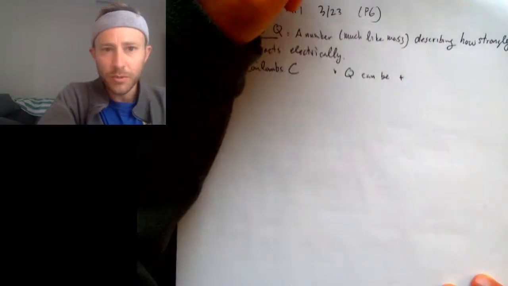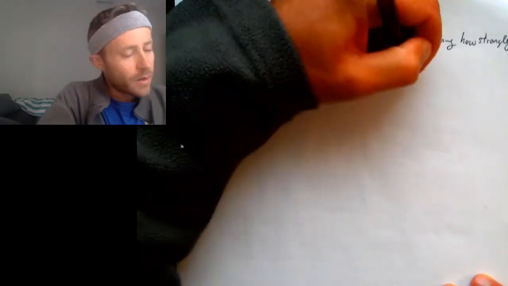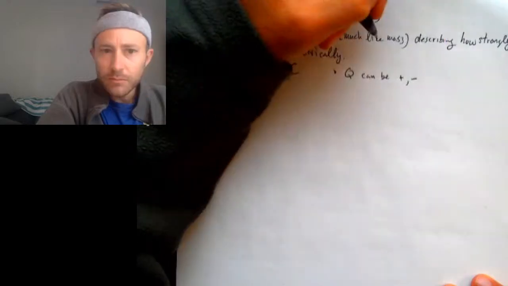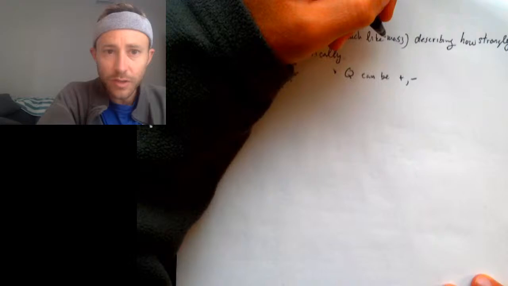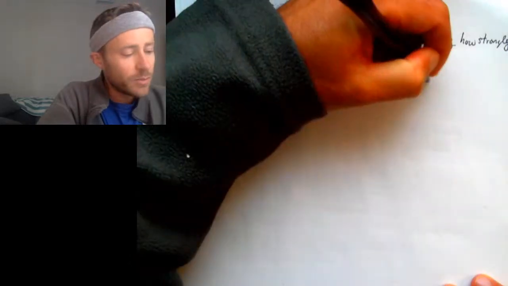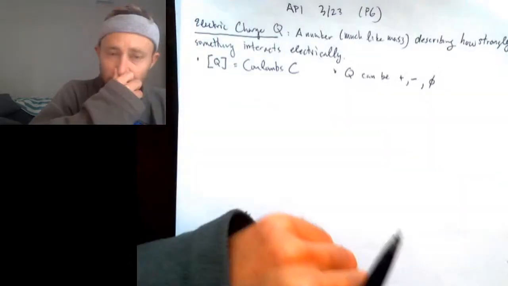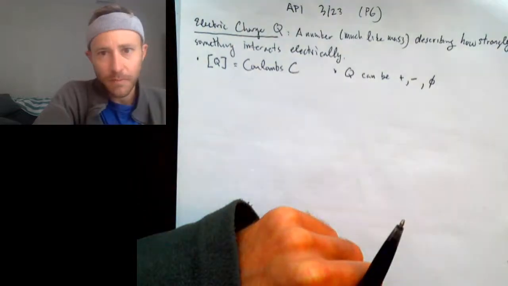At least I hope you learned that in chemistry. Charge can be negative, such as an electron. Electrons have negative charges. Or it can even be 0. So there are things that have 0 electric charge.